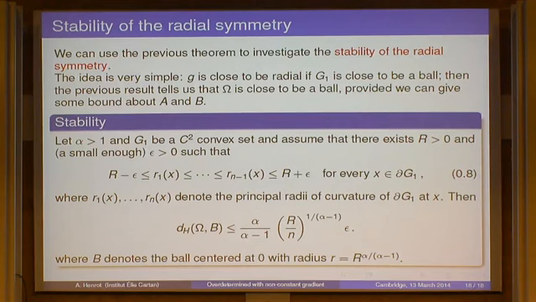I have a related question. Can you replace your operator with something more general, say with variable coefficients, or with the Laplacian, for instance? So it will be the same kind of answer. For the shape optimization problem, yes, if you have uniform ellipticity, I think it's the same kind of result to prove existence.